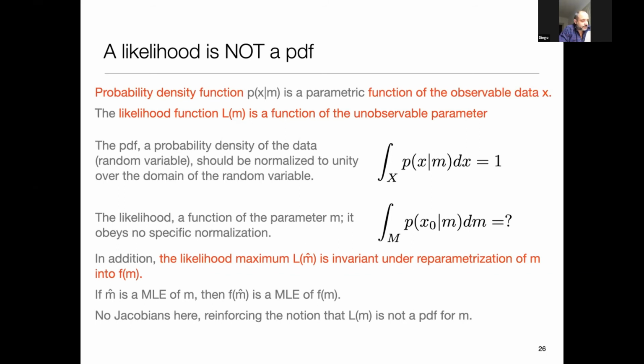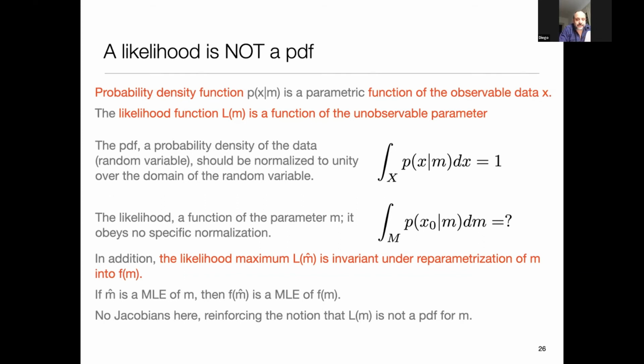Another way to see that is that the PDF, which is the probability density of the data, should be normalized to unity. So if you do the integral of your model in dx, you should get 1, because all the possible outcomes should be there. But the integral of the likelihood has no meaning. It is arbitrary, it can be anything, okay?